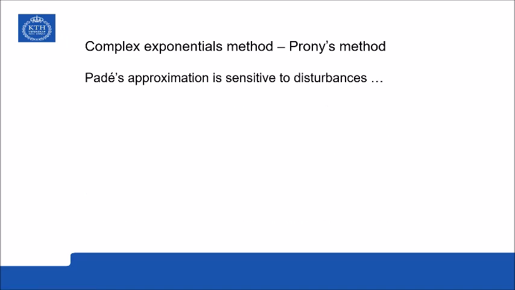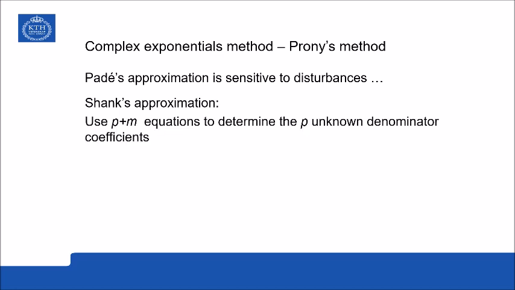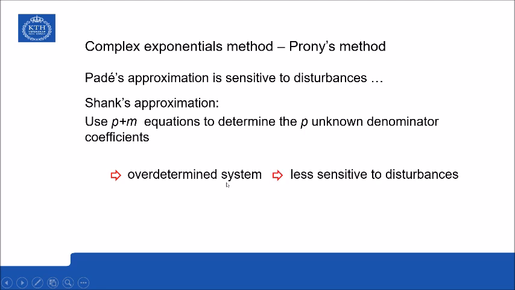To make this method more insensitive to disturbances, Shank used more equations, more data, to determine the unknown denominator coefficients. That gives us an overdetermined system, which is hopefully less sensitive to disturbances.